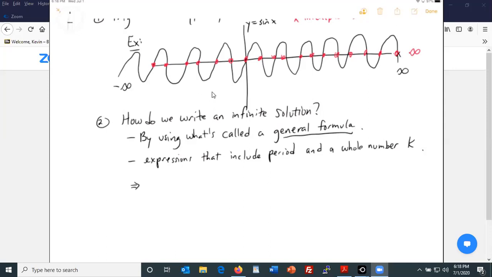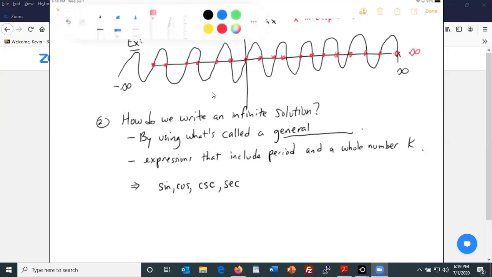All right, and again, for sine, cosine, cosecant, and secant, the general solution... I'd rather call it a general solution than formula. So let's edit that right there. We're going to call this the general solution. Formula sounds like something you have to use and plug numbers in, and you're kind of doing that, but general solution is a better way of describing these.